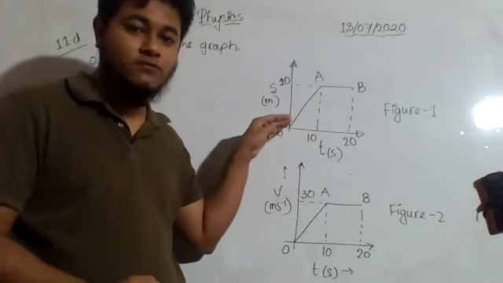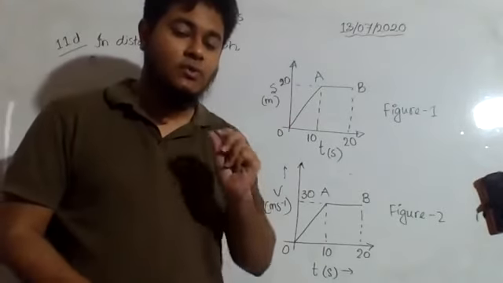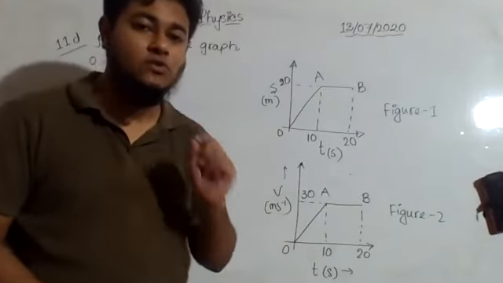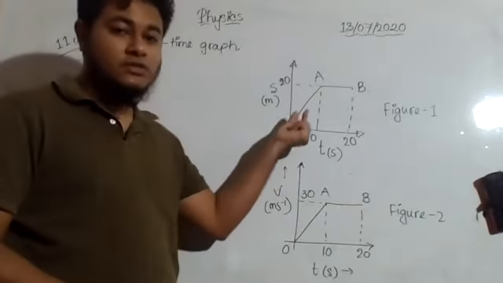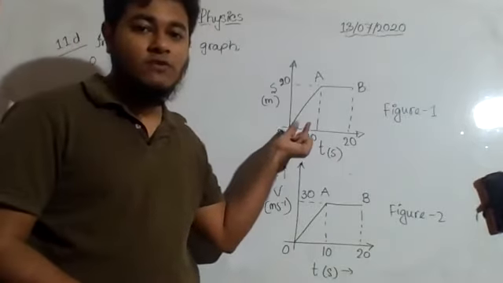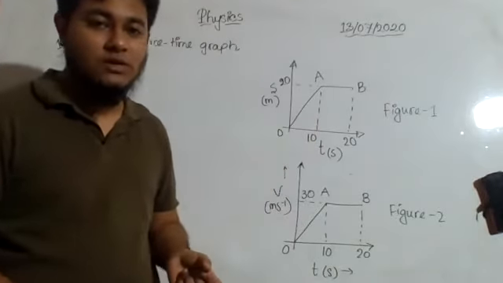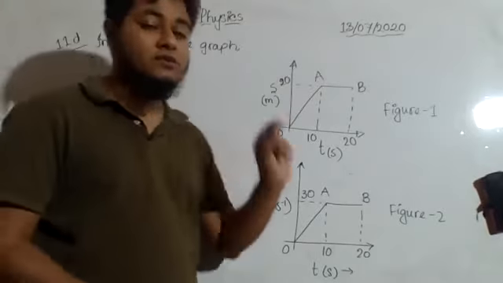in distance versus time graph, when it is an upward straight line, we can say that the velocity is constant. Okay, the velocity is constant. That is why in equal amount of time, equal amount of distance is being covered. Okay, so the velocity is constant.